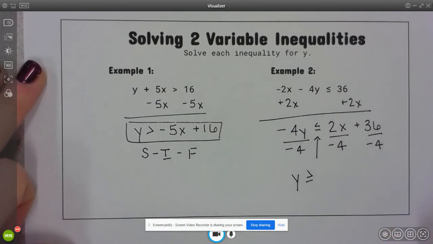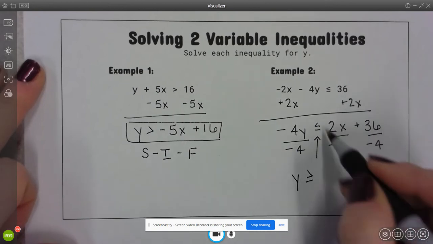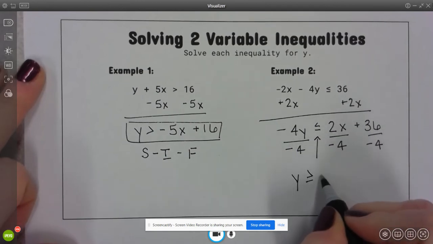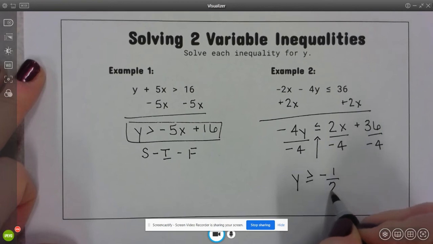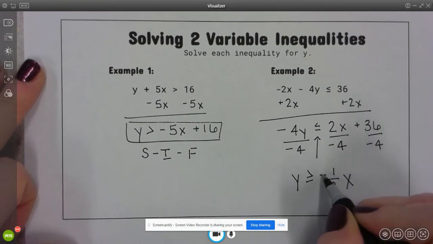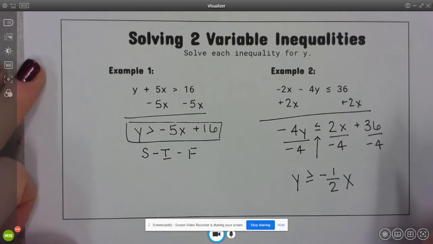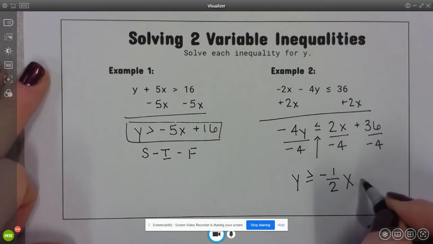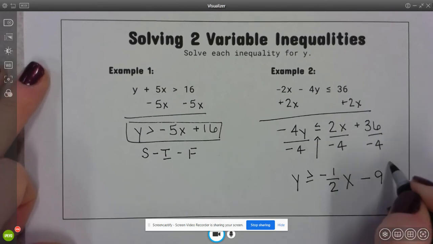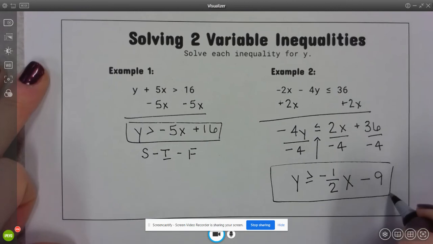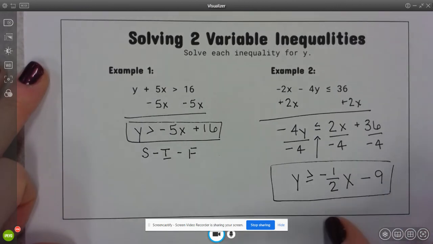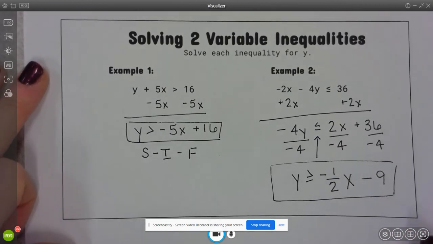So y is going to be greater than or equal to, simplifying my fraction of 2/4 is 1/2, and it's negative because the denominator was negative. 36 divided by negative 4 is going to leave me with negative 9. And there we go.